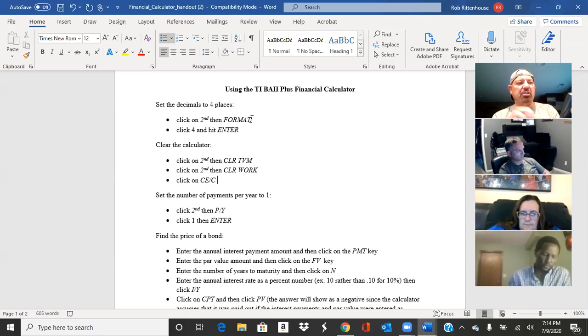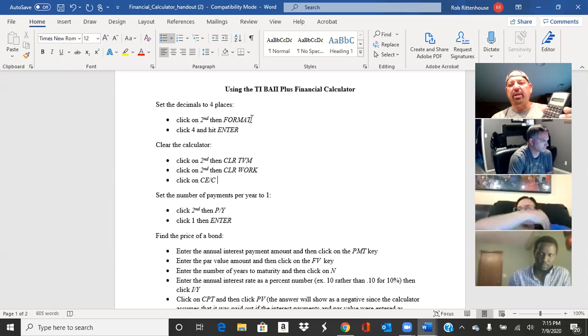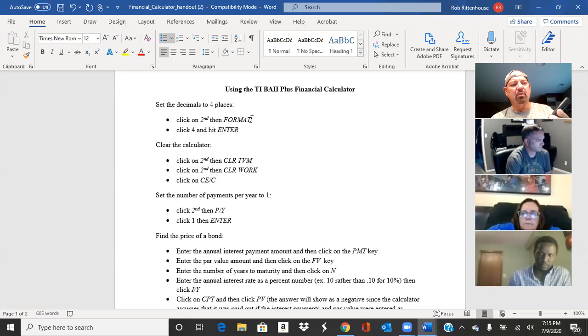And it says DEC equals, and you hit 4 and then enter, right? Yep, second format. This is before I hit 4, so then I'll hit 4. Enter. And then just hit your clear button down here. Yep, the regular clear button. Hit it a couple times if you need to.